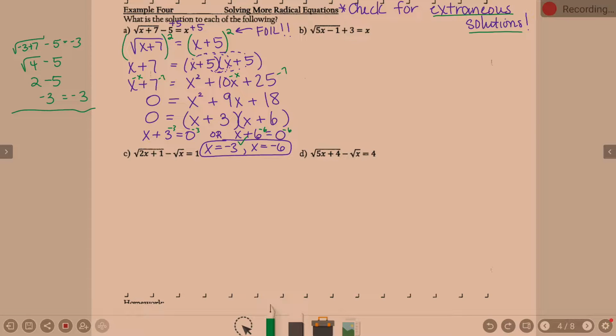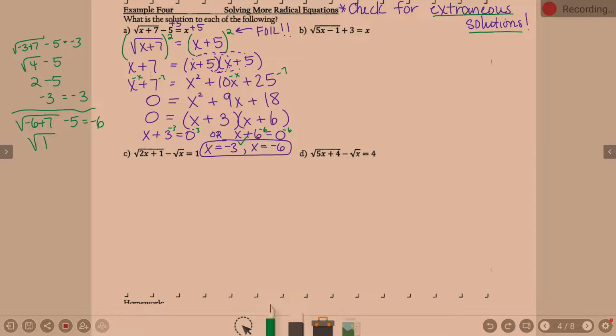Now, I repeat the process with the negative 6. Square root of negative 6 plus 7 minus 5 equals negative 6. I'm trying to figure out, does it work? Negative 6 plus 7 is 1.